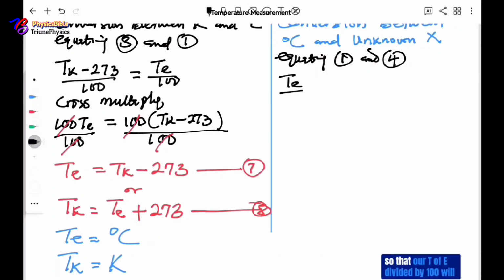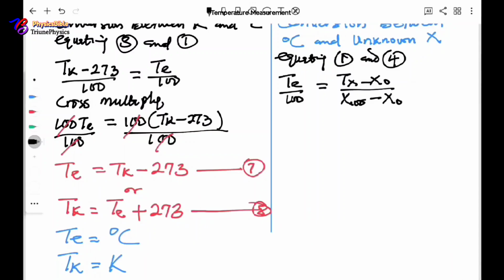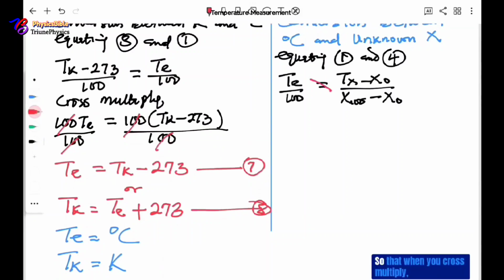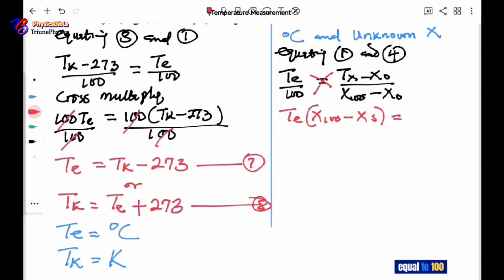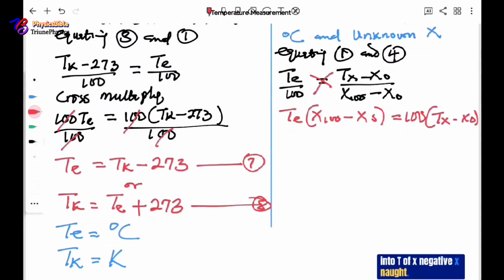So that our T_E divided by 100 will equal (T_X − X_0) over (X_100 − X_0). Is that clear? So that when you cross multiply, you have T_E into (X_100 − X_0) is equal to 100 into (T_X − X_0).